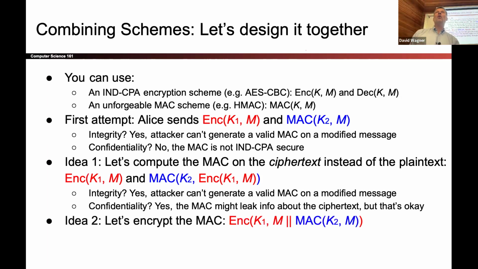And then let's look at one more example, which is you could MAC first. This last one is often called MAC, then encrypt. We MAC the message first, then we append that to the message, and we encrypt the whole thing, the combo. All right, so I'll do the analysis for this one to save you some time. Does this provide integrity?